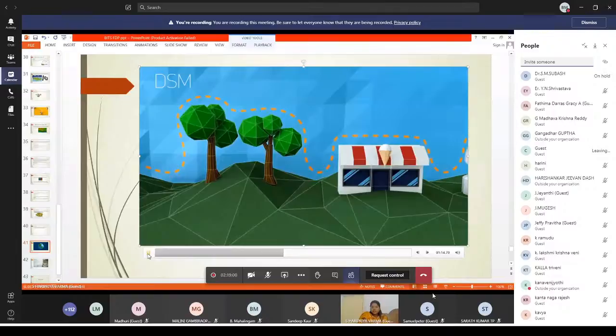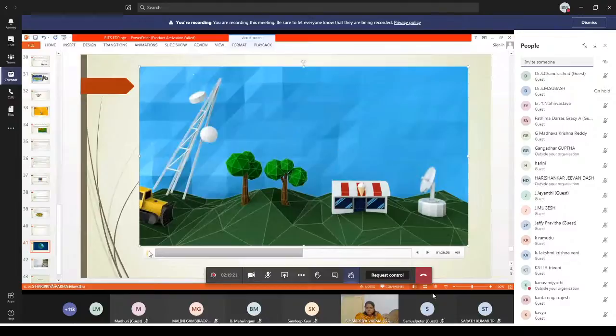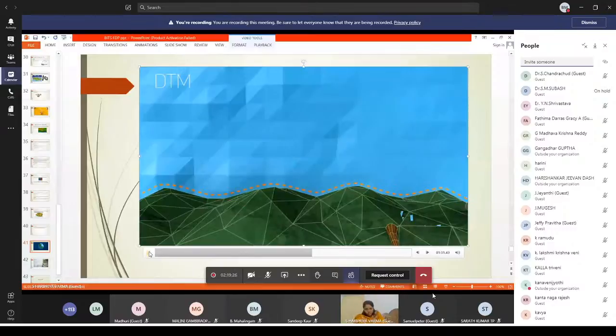This is already discussed: the digital surface model includes all the buildings and all the trees and so on which are present on the earth surface. And the digital terrain model covers only the plain terrain on the earth surface. It does not cover any buildings or any trees or any mountains or any elevation above the earth surface.